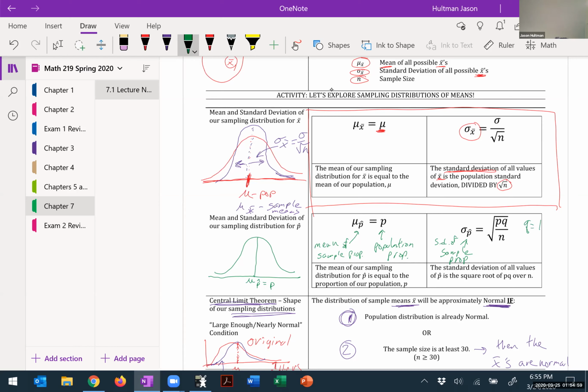Q is equal to 1 minus P. So if P was equal to 0.73, then Q is the complement, 0.27. You see how those add up to 1? And what's N? N is the sample size. So we'll just put an arrow and say N is sample size.